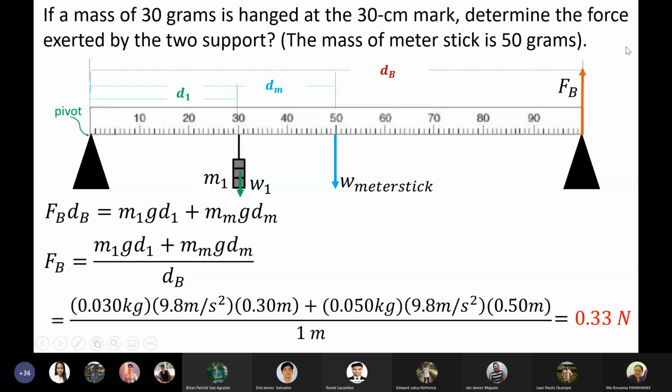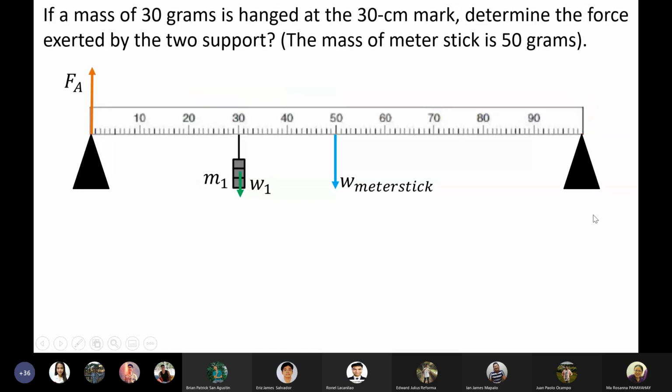Now, since you know na FB, you can either use the first condition to get FA. So, you will just get the summation of forces and do FA. Pero in my case, I will be using again the second condition of equilibrium to get FA. Pwede yun. Okay? Pwede nyo gawin to. So, this will be now my pivot at si FA naman ang isosolve ko.